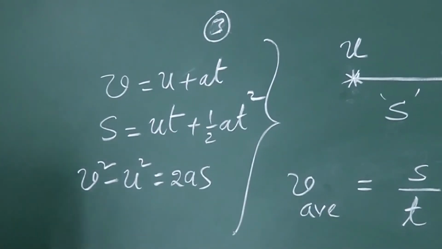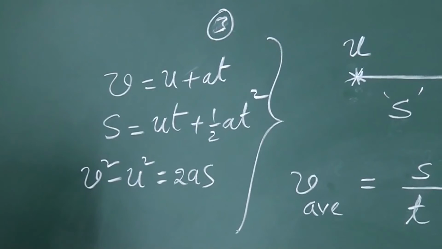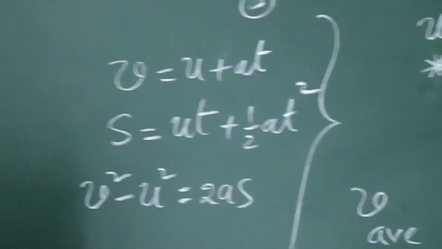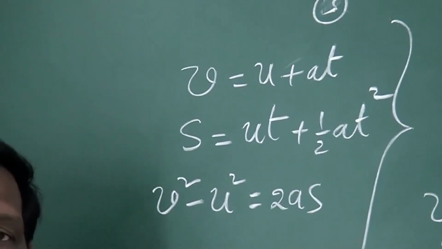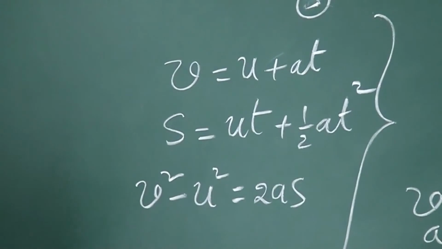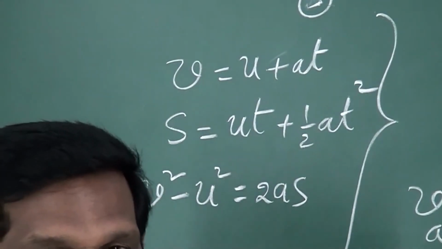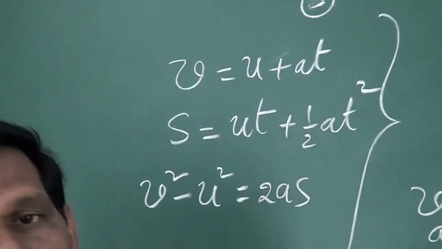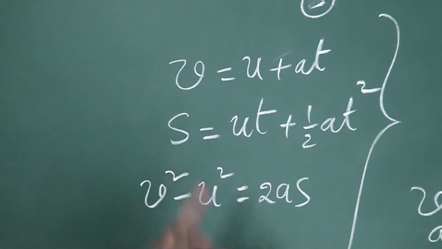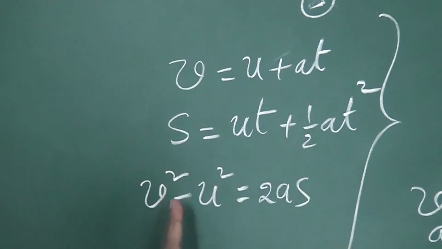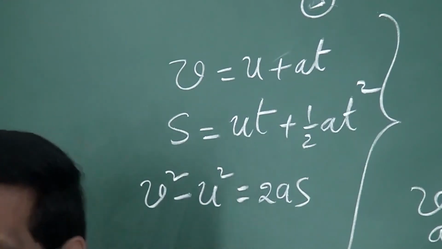That is one-dimensional motion. One-dimensional motion means when the body moves along the same straight line. So, to describe the motion of the body in one dimension, we use these three kinematic equations: v is equal to u plus at, s is equal to ut plus half at square, and v square minus u square equal to 2as.